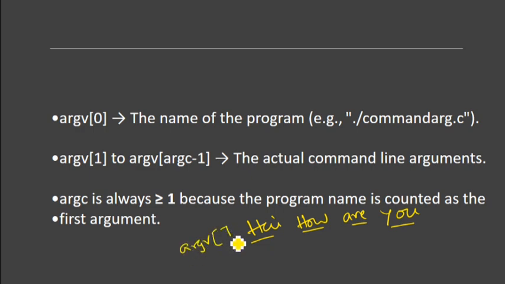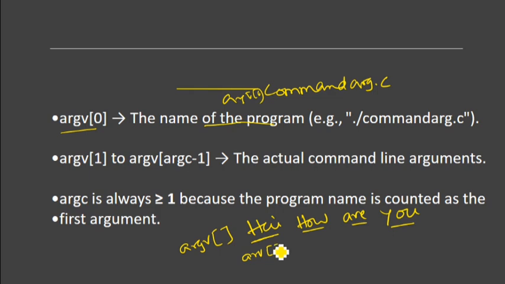In argv, argv[0] holds the name of the program by default. My program name is commandarg.c, so it is stored in argv[0]. Then hi is stored in argv[1], how is stored in argv[2], and so on through argv[3] and argv[4].